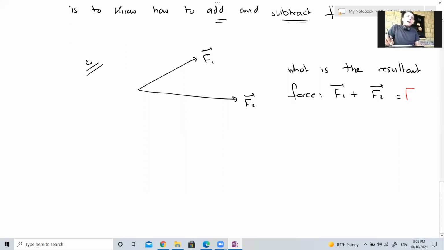But your voice is cutting out a lot, I can't hear you properly. Wait a minute. Yes, it's called FR, right. The resultant force is called FR. This is true. We are interested in finding the magnitude and the direction of FR.